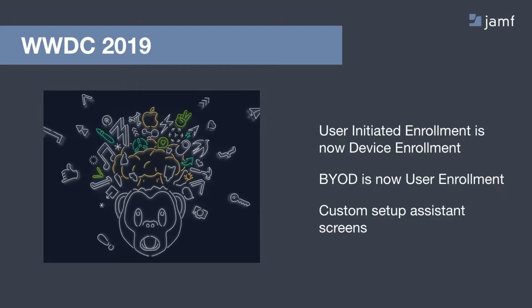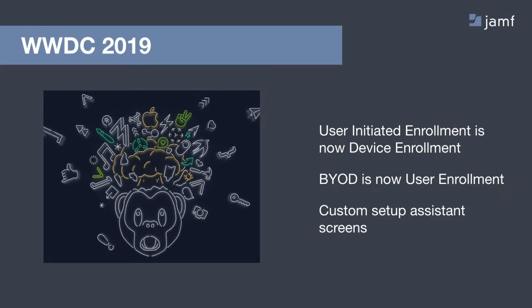Now, user-initiated enrollment, coming from Apple Business Manager, it ultimately is now known as device enrollment. So as we're talking about that level, or that choice as a company, device enrollment used to be called user-initiated enrollment.